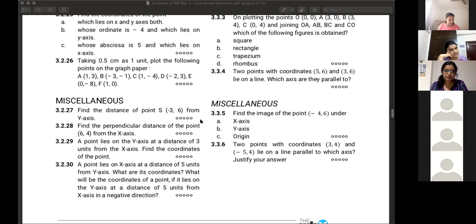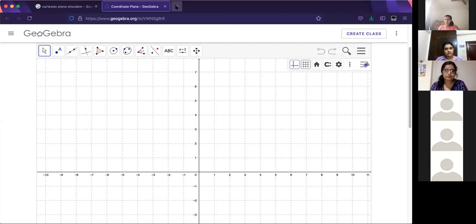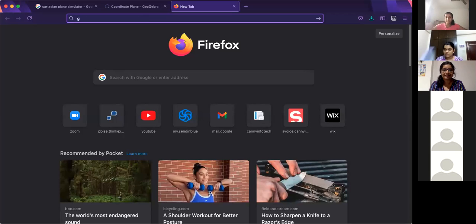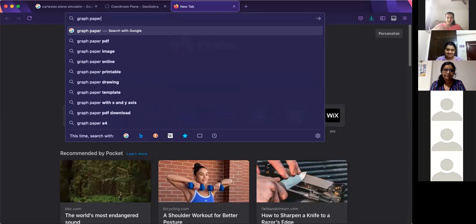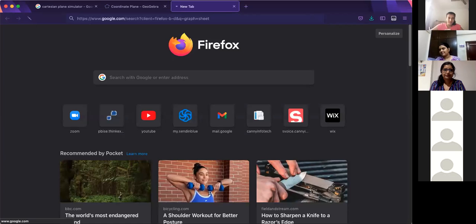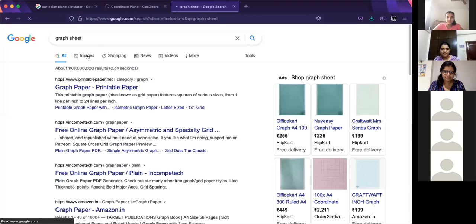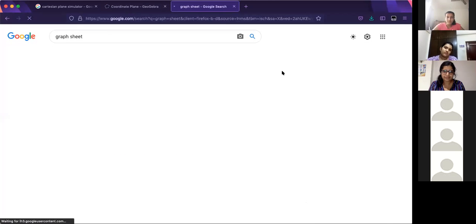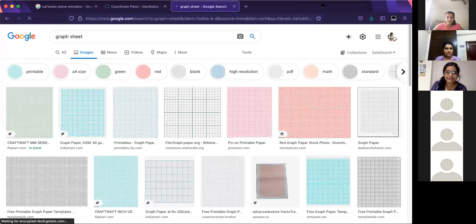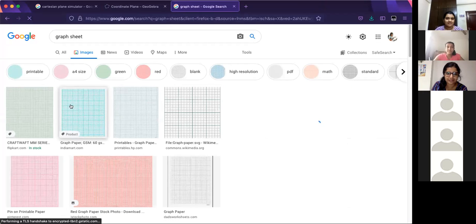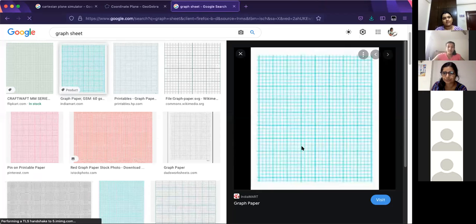So what a graph paper looks like is green. It can be green, pink, you get it in multiple colors. But this is what the most common graph paper looks like in your book.